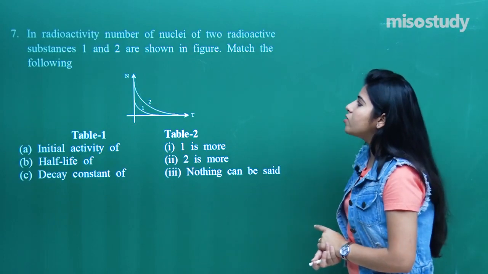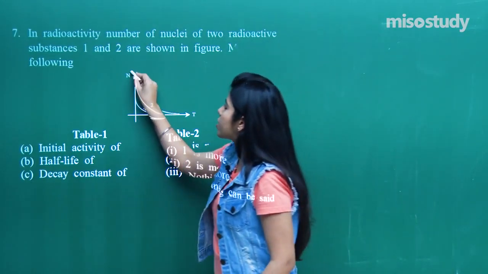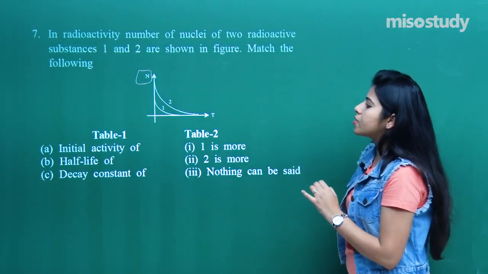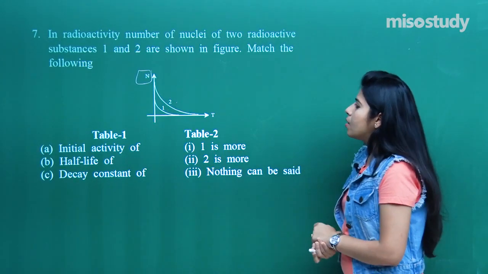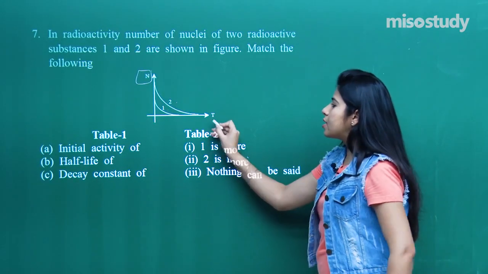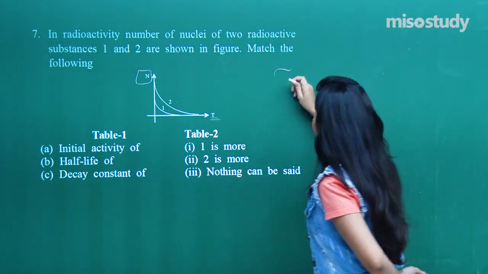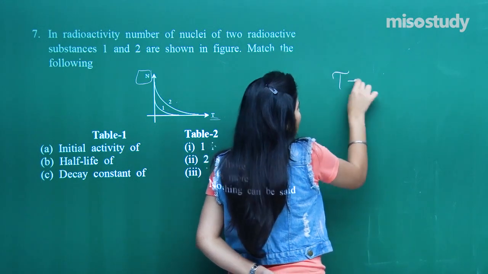Okay, so in radioactivity, the number of nuclei N of two radioactive substances 1 and 2 are shown in the figure. Match the following. This is denoted as capital T, which is nothing but the half-life.